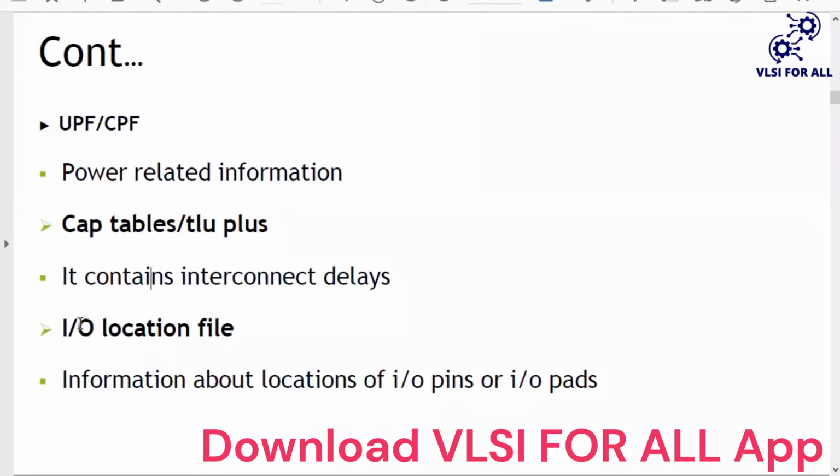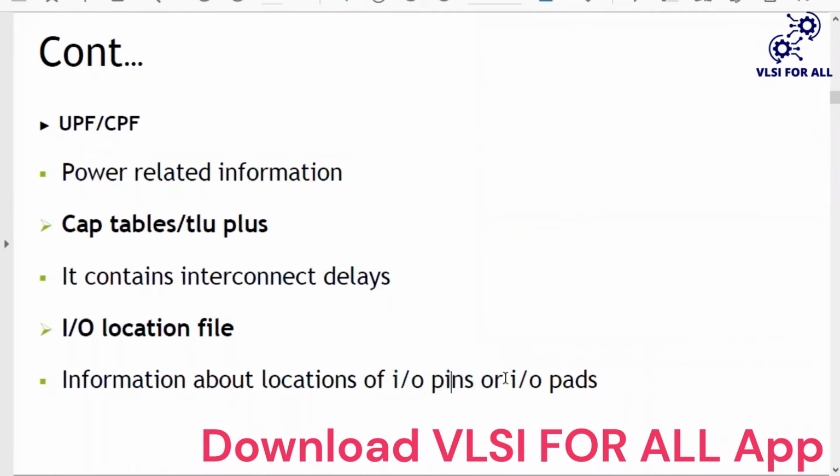Next one is the input output location file. Previously we already covered information about where the input and output pins or input output pads are used in our design. Pins and pads are different concepts. At the top level, based on the top level, we call them partition level pins, input pins and output pins.